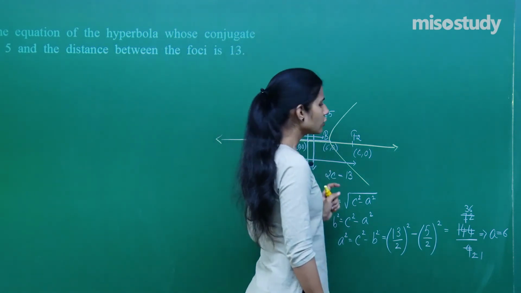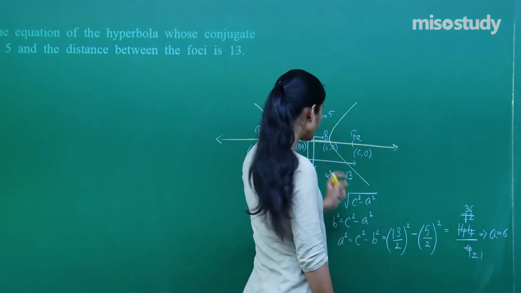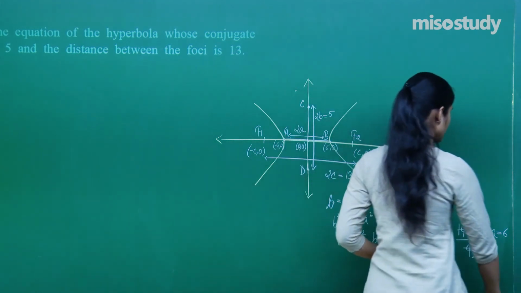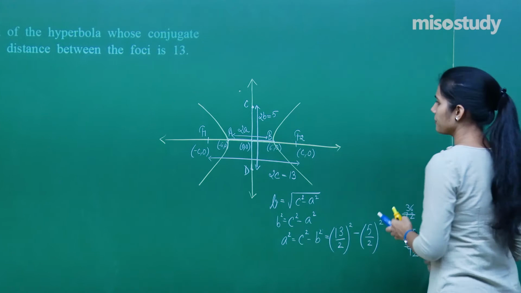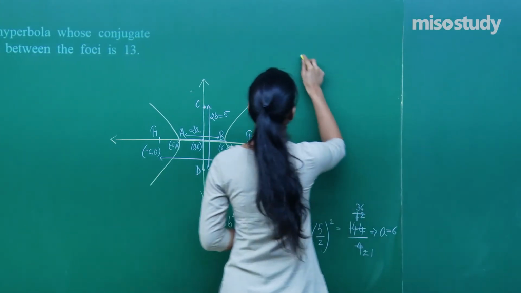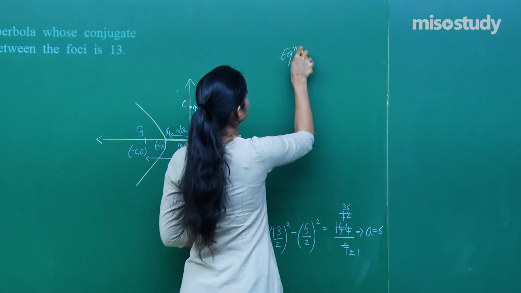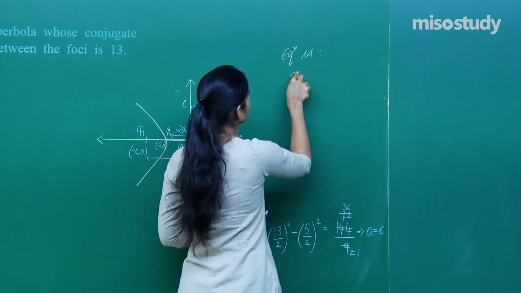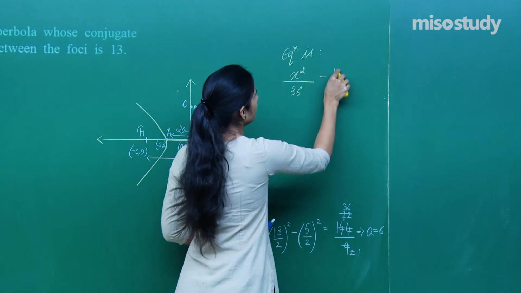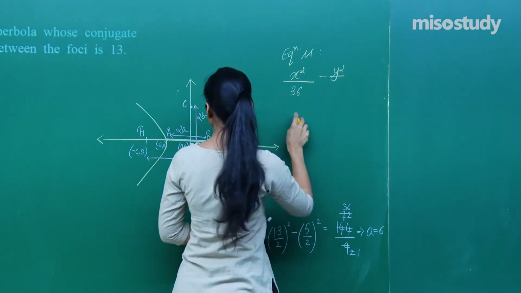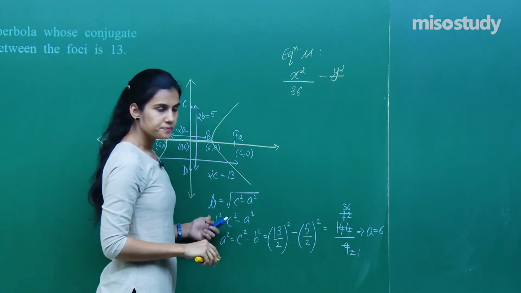Now that you have got the coordinates of A, B, C as well, I am wishing to get the equation of this hyperbola. It is given by x square by A square, A is 6, minus y square by B square. What is B?